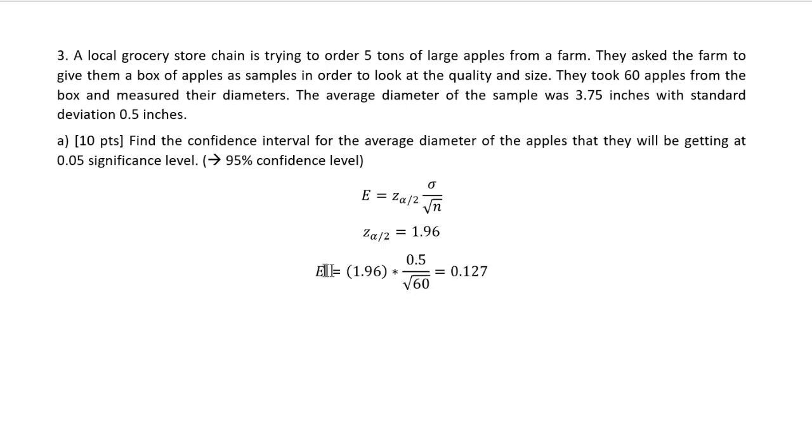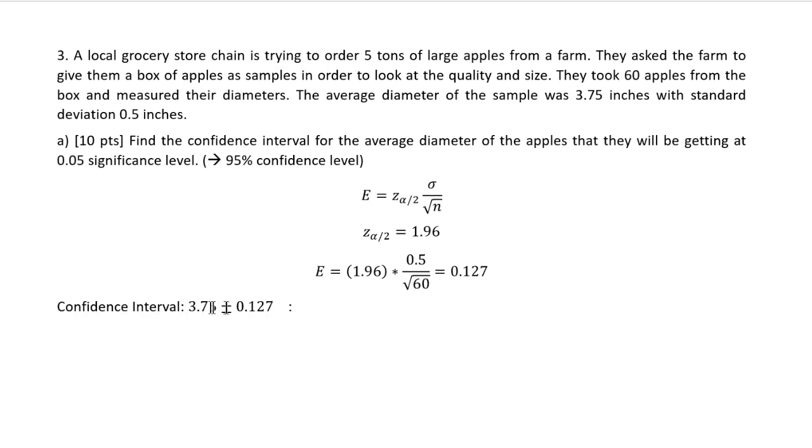Okay, so we got the margin of error. Now, how do I find the confidence interval? Well, margin of error is how off your estimation can be, and your estimation is 3.75, right? So at most, the diameter would be 3.75 plus 0.127, and at least the diameter would be 3.75 minus 0.127.